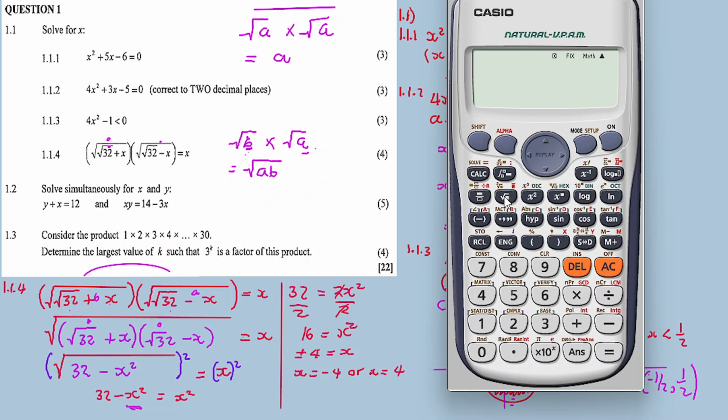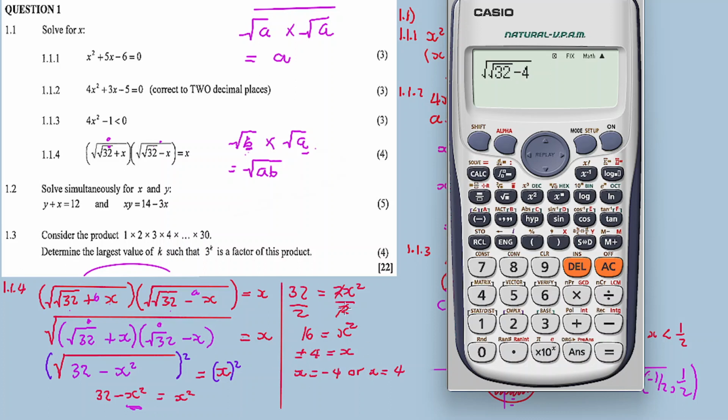Then I go to this equation of mine, going back to the equation, I say the square root of 32 minus 4. Here where there is x, let's start with minus 4.